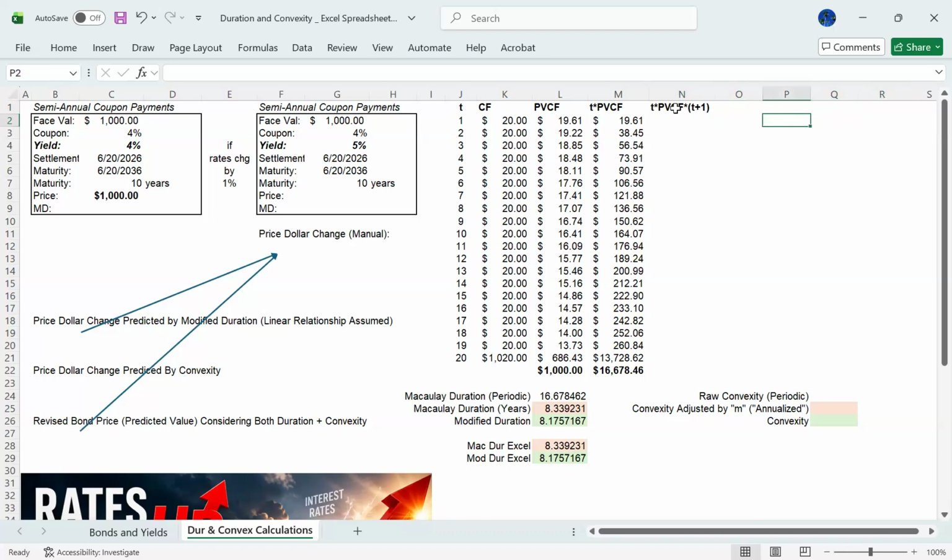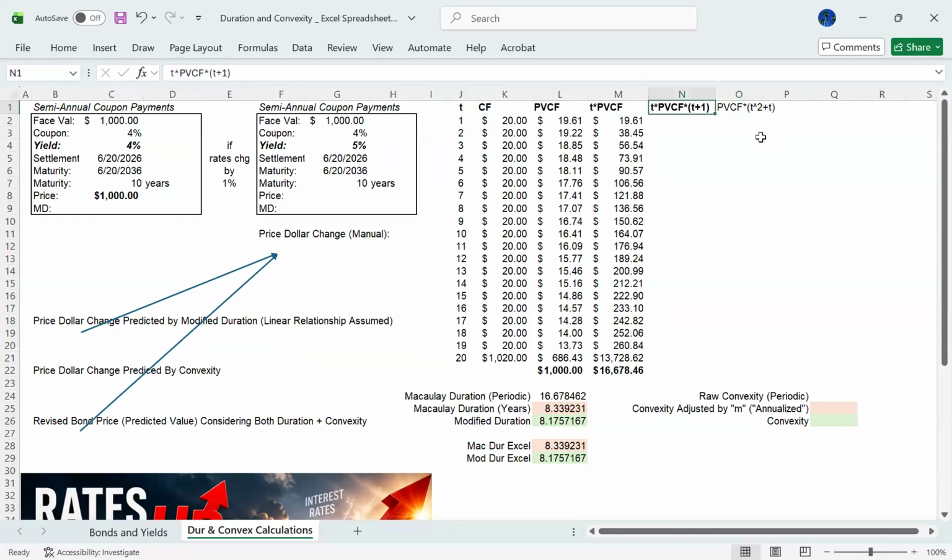Now, before online, you may see something like present value of cash flows times T to the power of 2 plus T. Okay, now that and that is exactly the same.